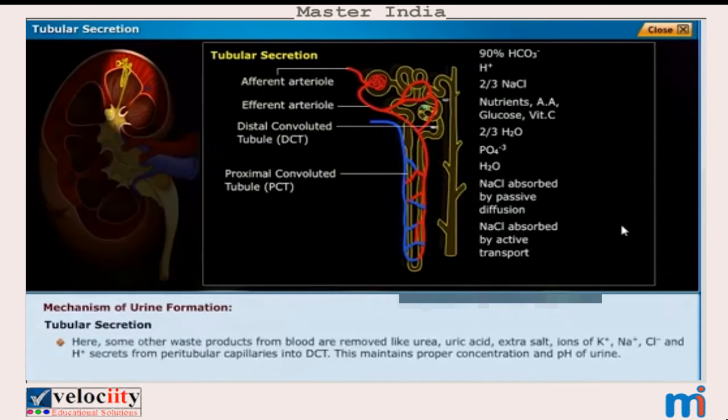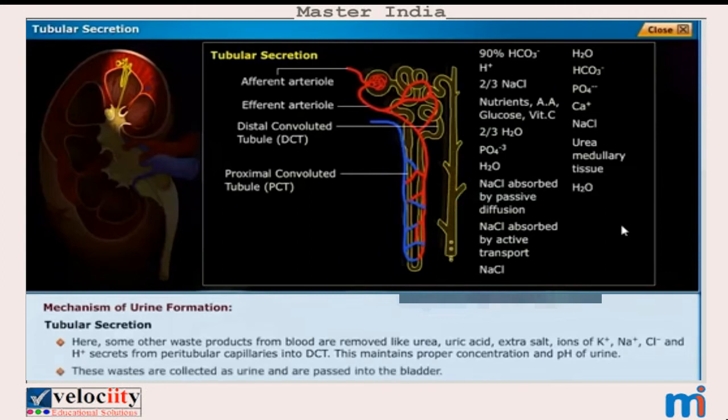Here, some other waste products from blood are removed, like urea, uric acid, extra salt, and ions of potassium, sodium, chloride, and hydrogen secrete from peritubular capillaries into the DCT. This maintains proper concentration and pH of urine. These wastes are collected as urine and are passed into the bladder.